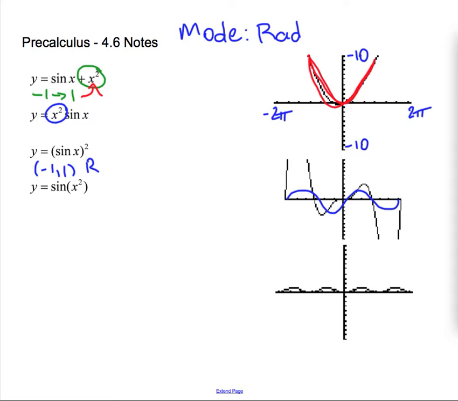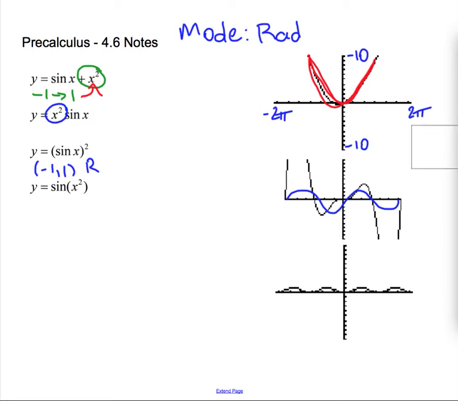And then the last one is what happens when we put that power inside the sine, so we'd have sine of x squared.